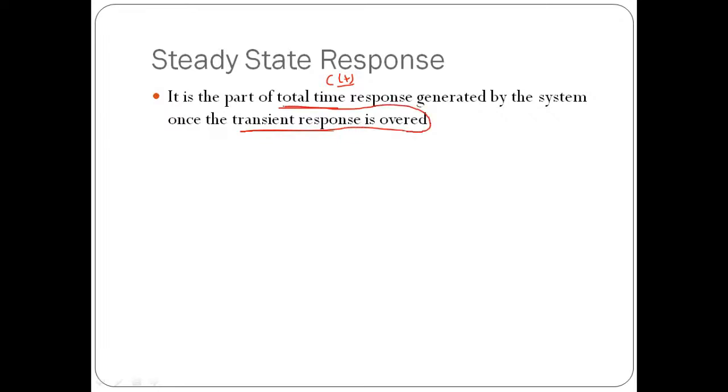That means after the transient response is over, whatever portion of the total time response remains, that portion is nothing but your steady state response. So mathematically we can write that steady state response is nothing but total response minus transient response. That's it. It is denoted by the symbol Css of t.